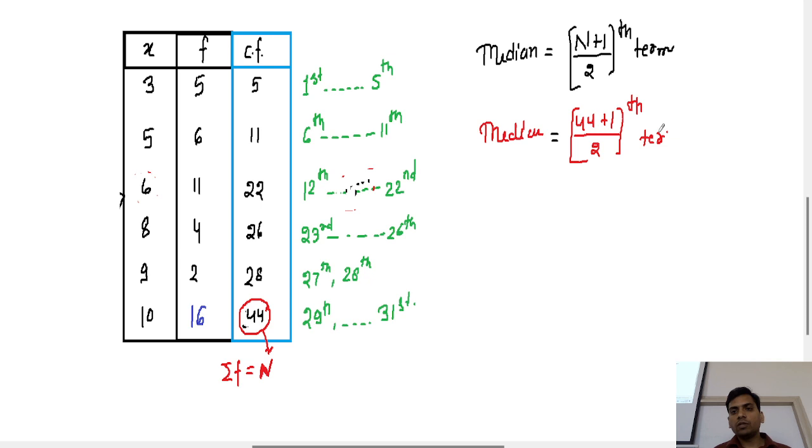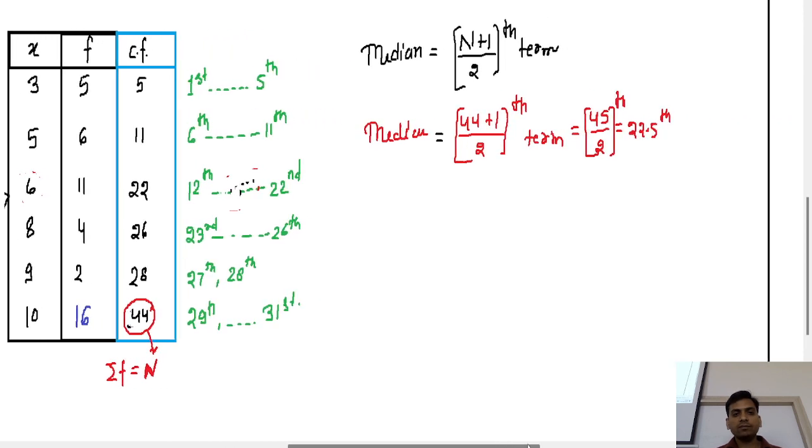So how much is this? 45 upon 2th. So this 45 upon 2th is the 22.5th term. Clear? Okay. So what's the location of this 22.5th term?